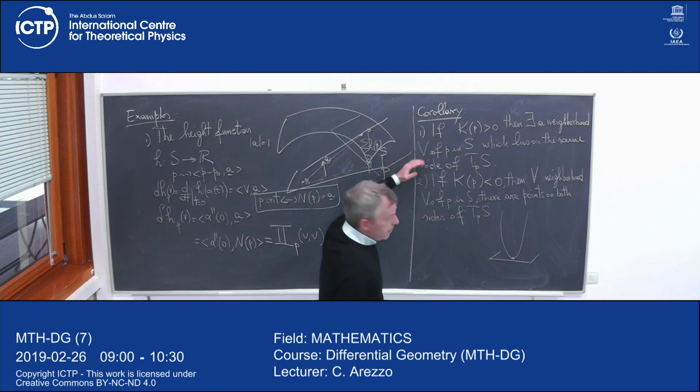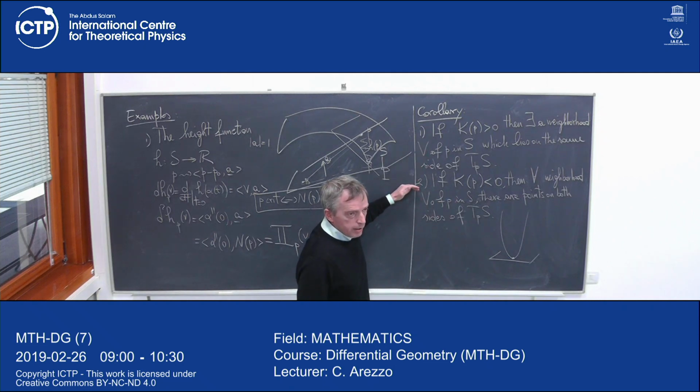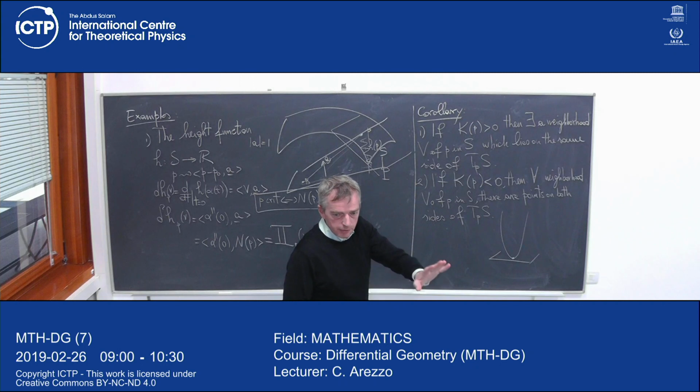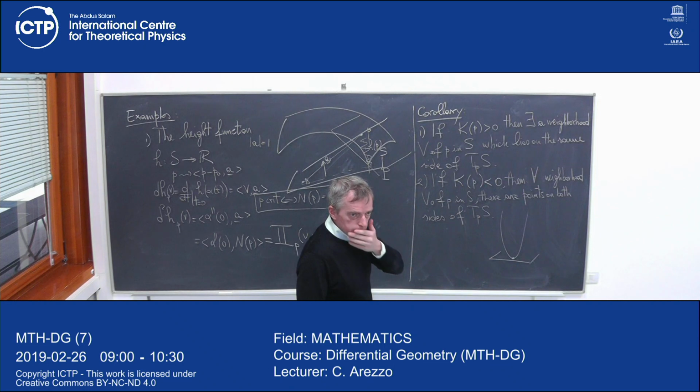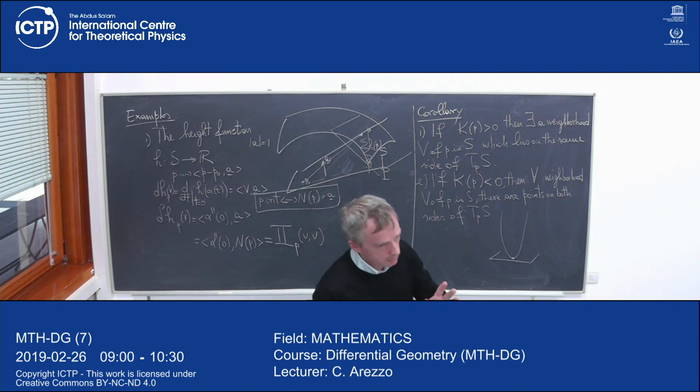But this is extremely powerful in that, just by watching a surface, I can tell you where there should be elliptic points and hyperbolic points. It's not an if and only if, but this tells me already quite a lot.